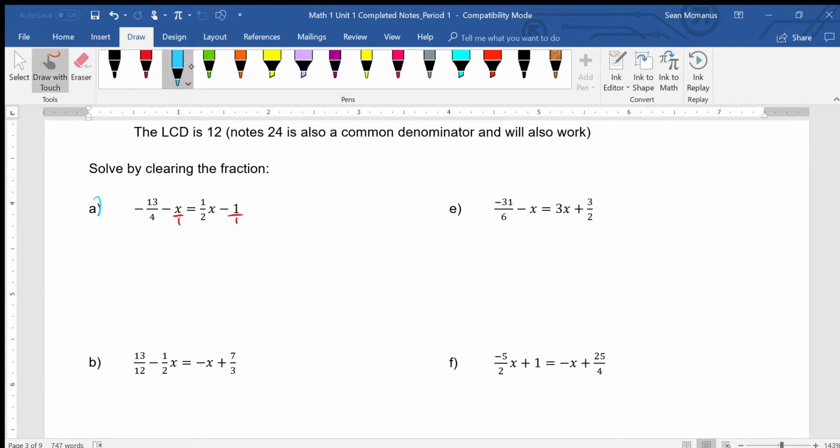We're only going to do this explicitly for the first problem. My denominators are 4, 1, 2, and then 1 again, so I don't need to write that again. And what are the multiples of those numbers? So 2, 4, 6, 8; 1, 2, 3, 4; 4, 8, 12, 16.